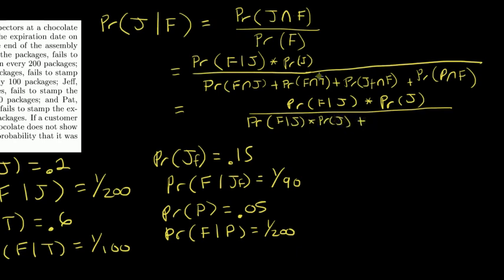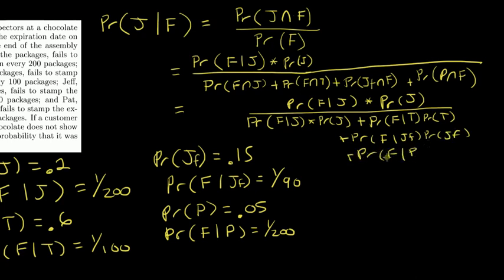You add that to the probability that you fail given Tom did it times the probability that Tom did it. You add that to the probability that you fail given Jeff did it times the probability that Jeff did it. And you add that to the probability that you fail given Pat did it times the probability that Pat did it. Right?